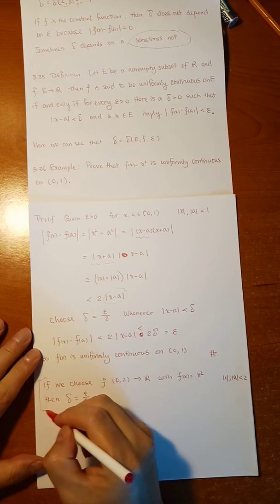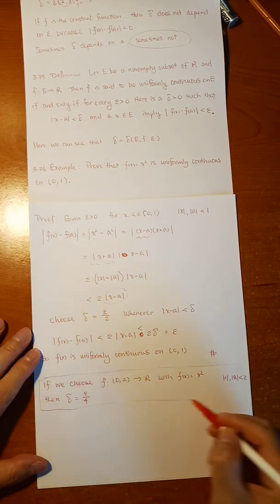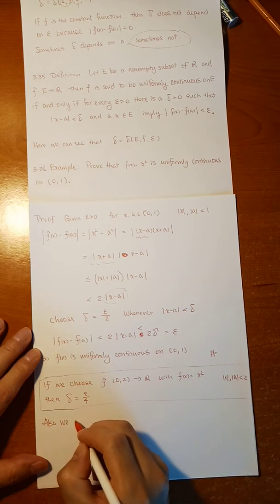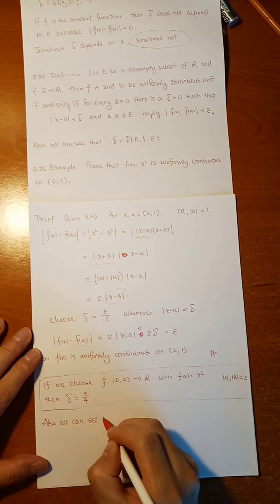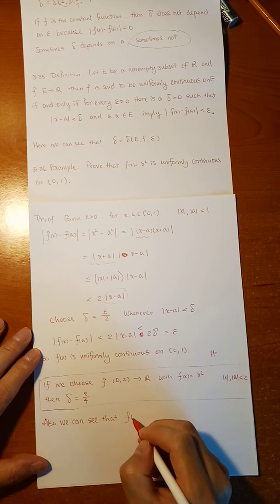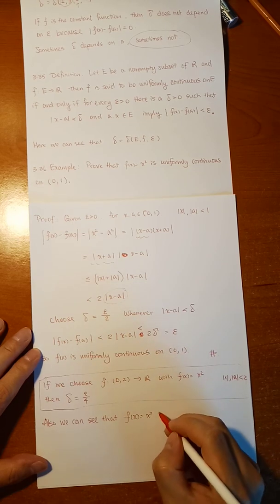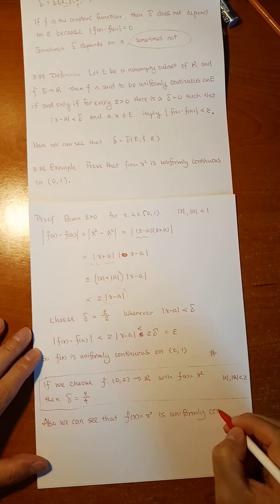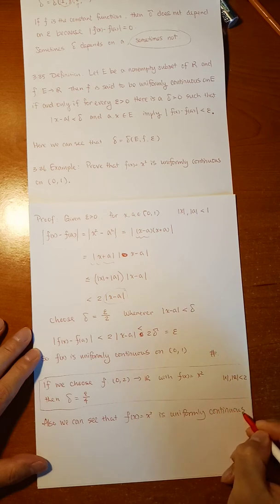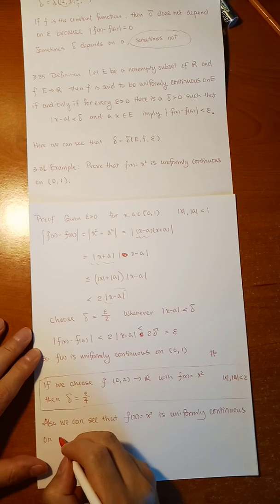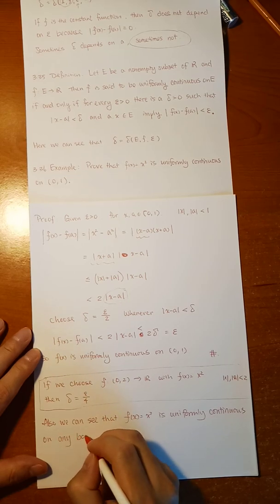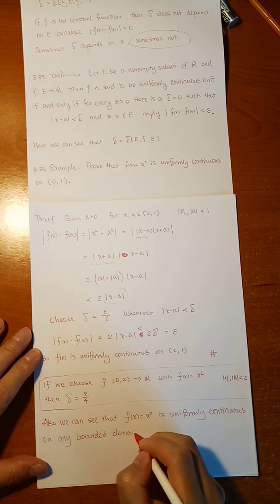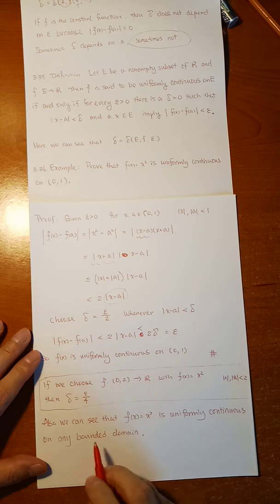So also from here you can see that this fx, which is x squared, is uniformly continuous on any bounded domain. Why do we need bounded?